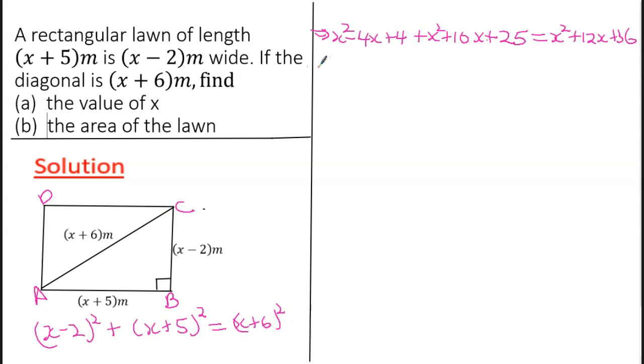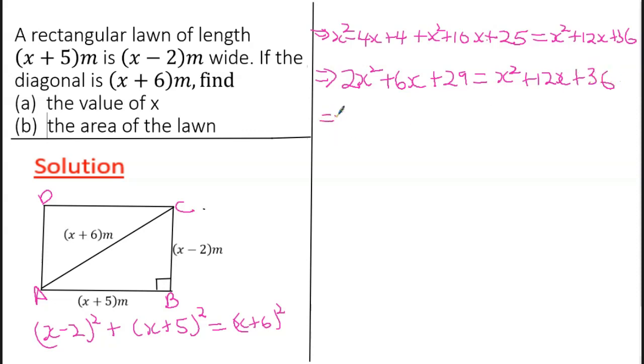So let's group the like terms. We have x squared here, x squared here. So you get 2x squared minus 4x plus 10x gives 6x. 4 plus 25, we have 29, is equal to x squared plus 12x plus 36.